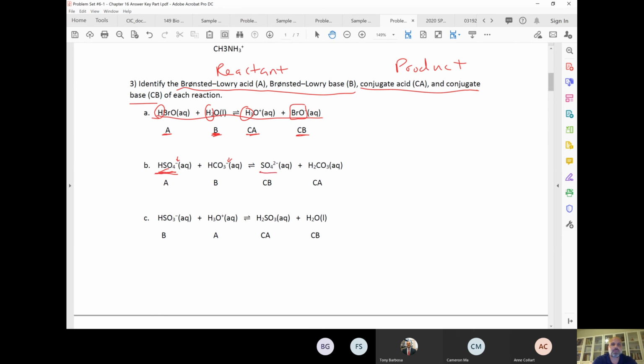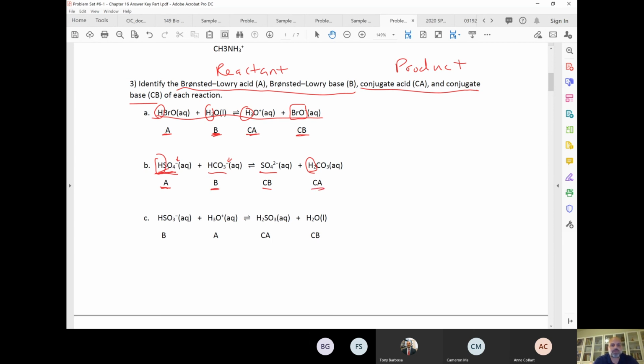You compare it to the one on the right, the SO4 2 minus. You can see that the proton was lost. So you would label this one as an acid because it lost its proton, and its conjugate base is right there. Conversely, the HCO3 minus is the one that gains the extra proton on the right-hand side. So it's the base, and it becomes the conjugate acid.